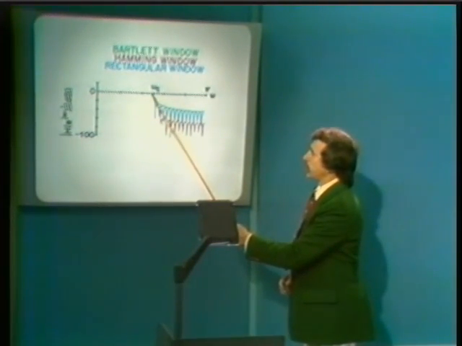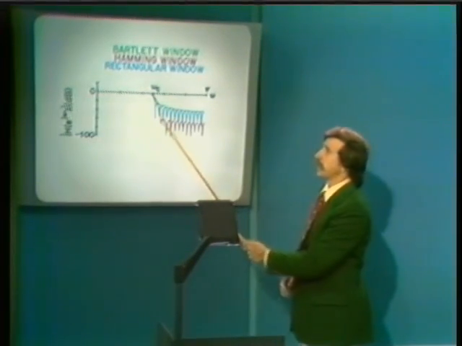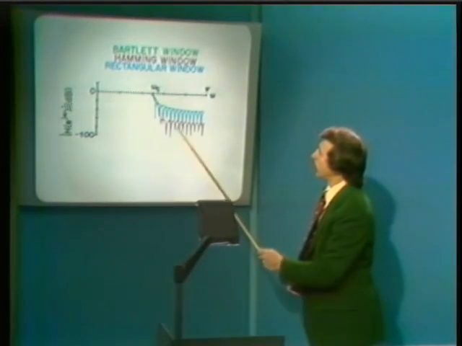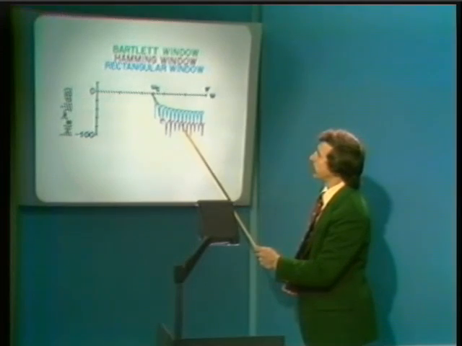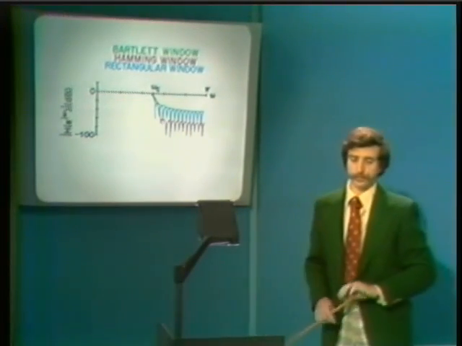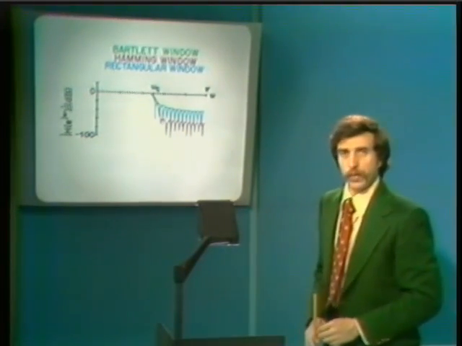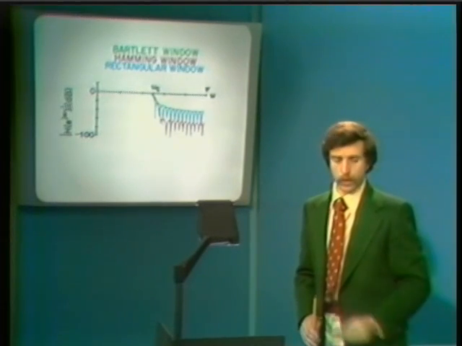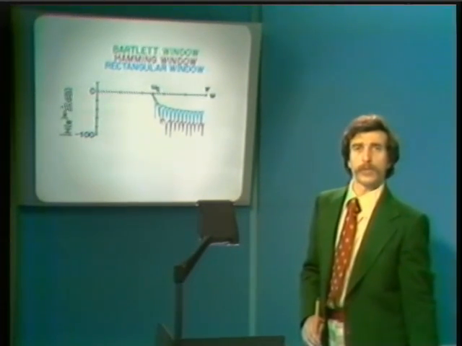As you are willing to allow the transition band to become wider, you can generally obtain some advantage in terms of stop band attenuation. All right, so this is a quick view into the use of windows.